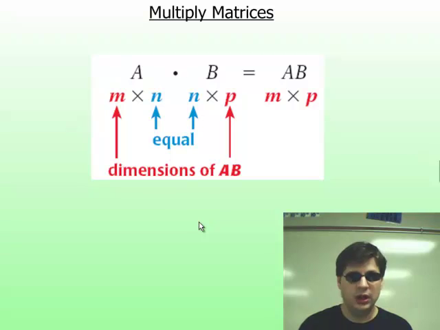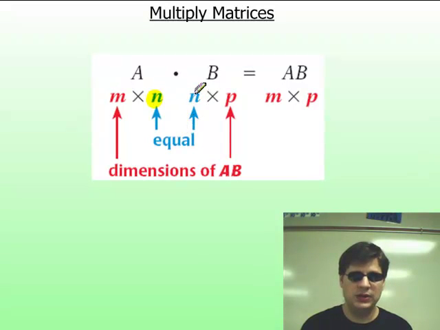matrices together. So generally speaking, if I have a matrix M by N and a matrix N by P, which we call A and B respectively, in order to multiply these matrices together, the number of columns in the first matrix has to be the same as the number of rows in the second matrix.